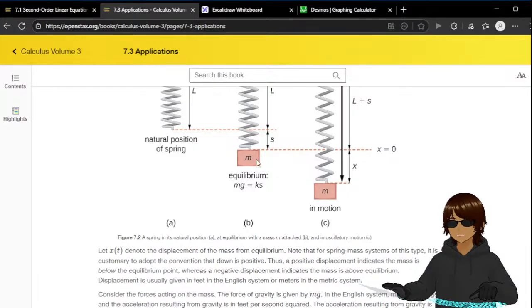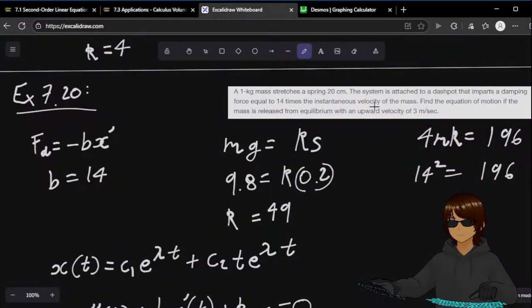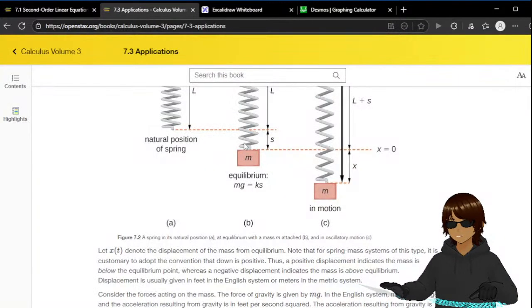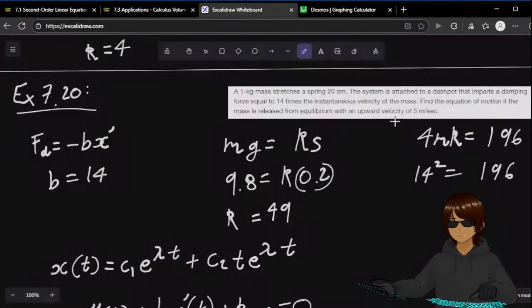So if I take the mass away, the spring goes up by 3 meters per second? Is that what they're saying? Or are they saying that this mass is going up and down, but when it reaches the equilibrium, it's going up by 3 meters per second?